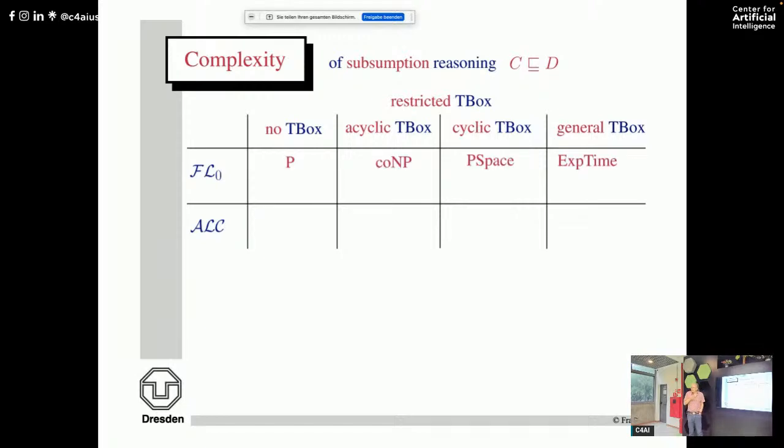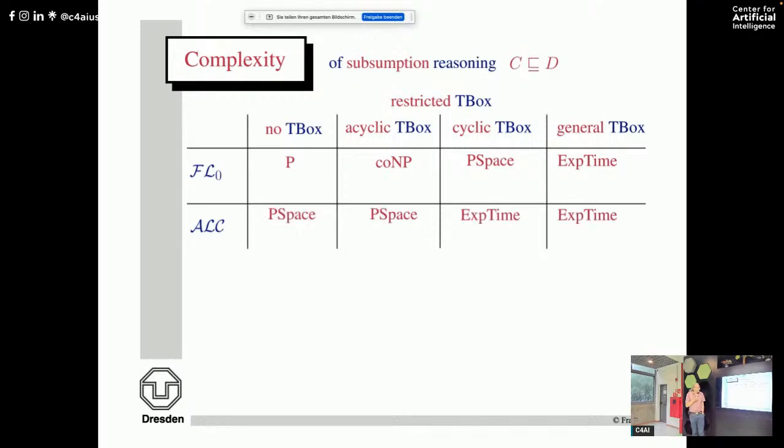And FL0 is a nice example of a description logic where in every step you get an increasing complexity. So without T-box, it's polynomial. With acyclic T-boxes, it's co-NP. With cyclic T-boxes, it goes up again to PSPACE. And with general T-boxes, it's EXPTIME. I'll say a bit more about these complexity classes at the end of this slide.